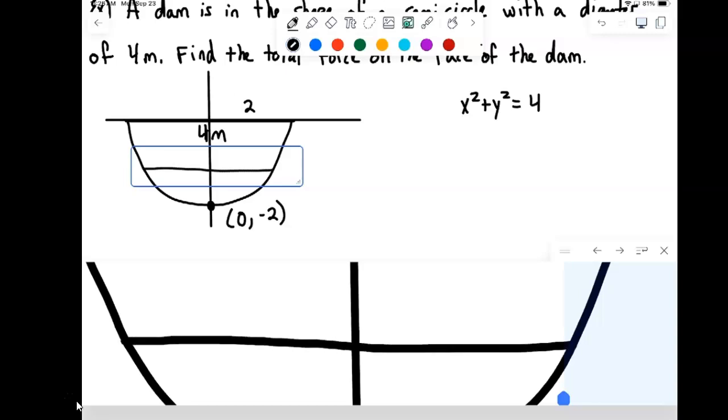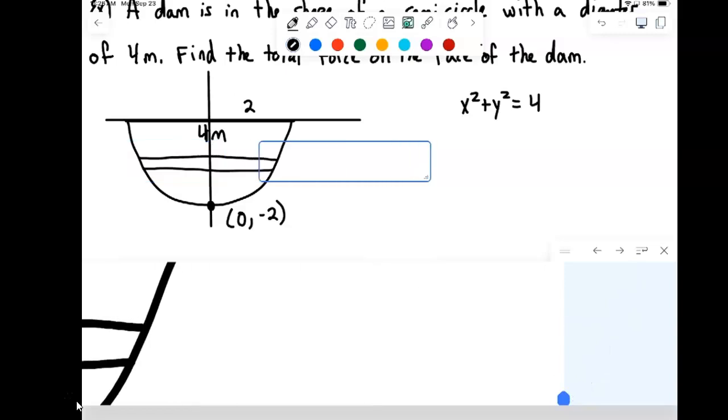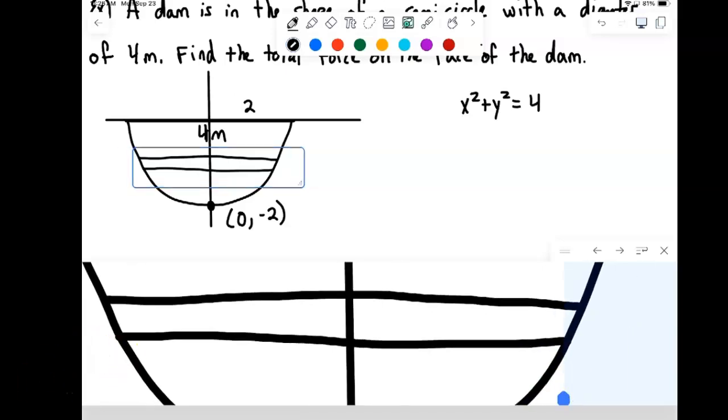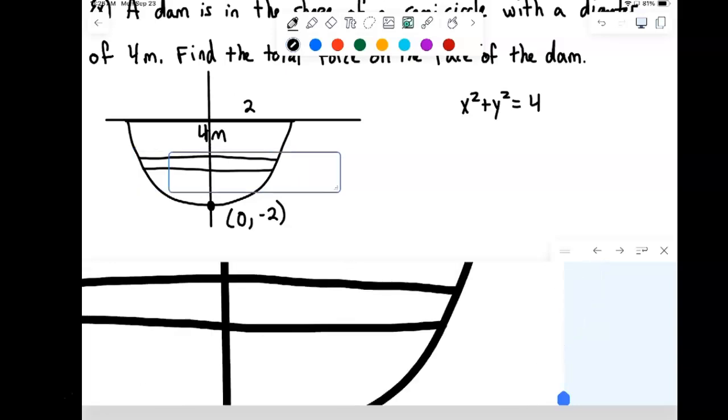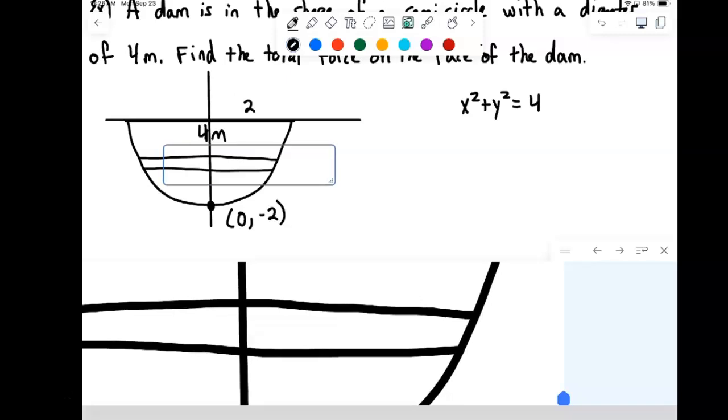But what we need to do, again, is measure the cross section here. That's going to be my width function. And notice the width is just going to be twice the radius at the depth we're currently at.